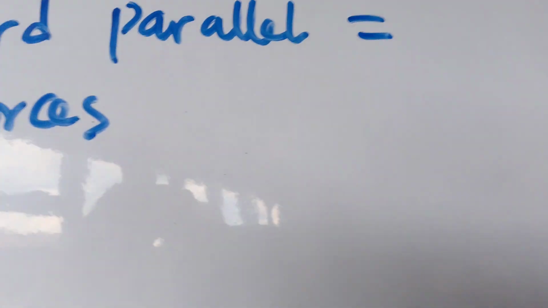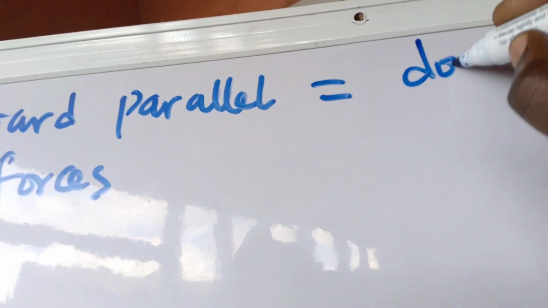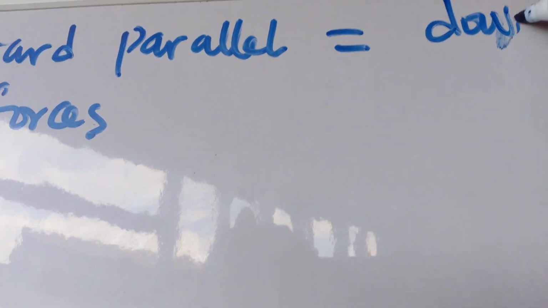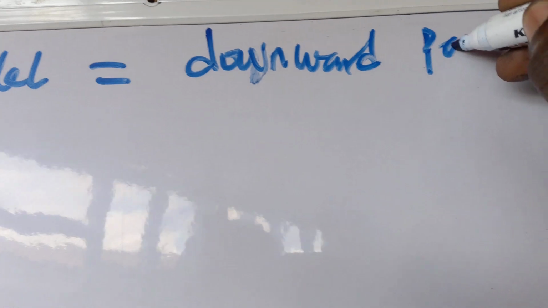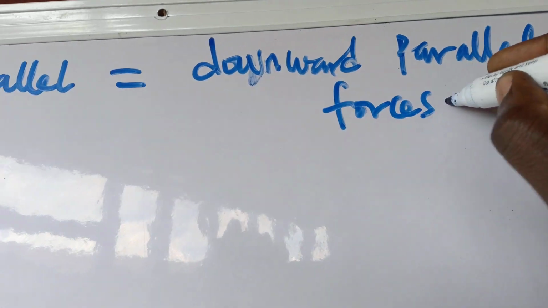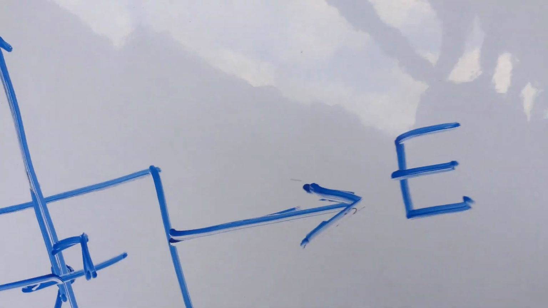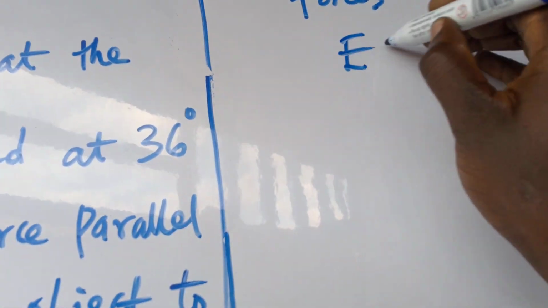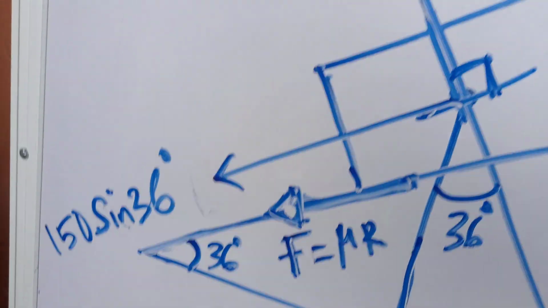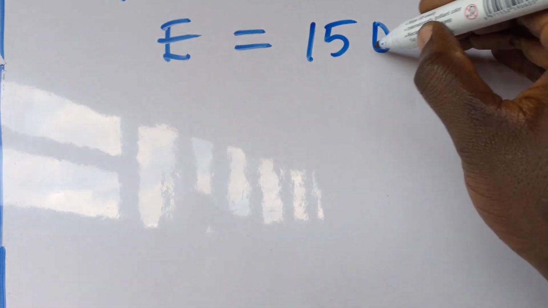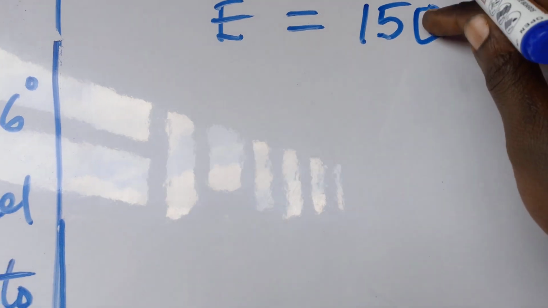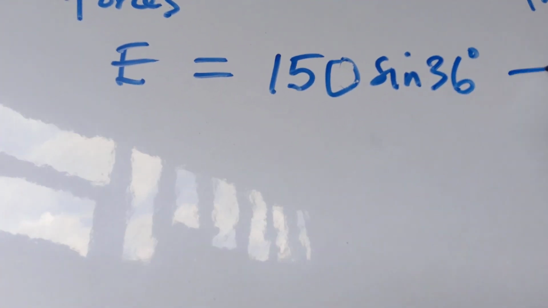The upward parallel force there is force E, and the downward parallel forces are 150 sin 36 plus F, that is 150 sin 36 plus the friction force F.